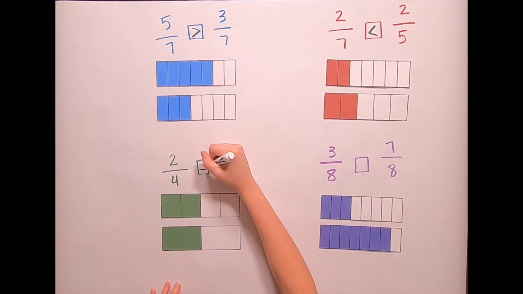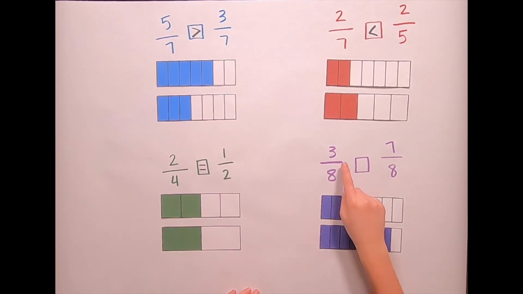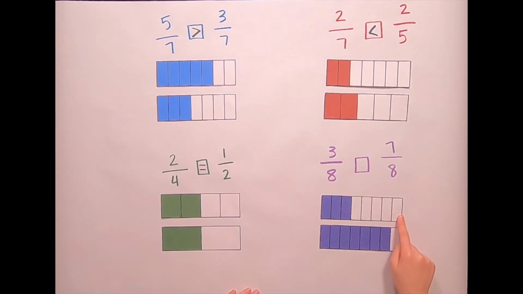Great job. 2/4 and 1/2 are equal. That's because 2/4 equals 1/2. And one more. 3/8. Is 3/8 greater than, less than, or equal to 7/8? That's right, it's less than. 3/8 is less than 7/8.